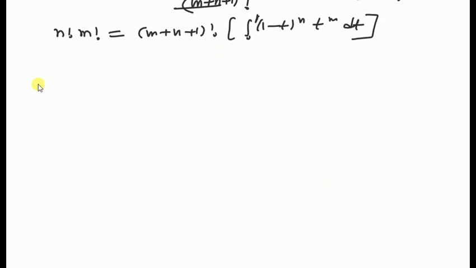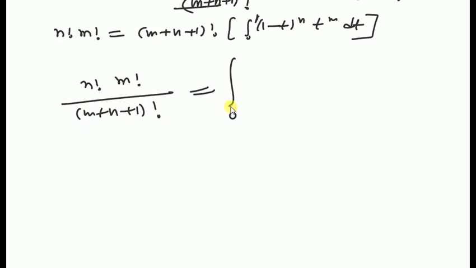So bring back this term here. Then n factorial divided by m plus n plus 1 factorial is equal to the integral from 0 to 1 of 1 minus t whole power n, t power m into dt. So very clear. What does n factorial mean? Gamma m plus 1, gamma n plus 1 by gamma m plus n plus 2.